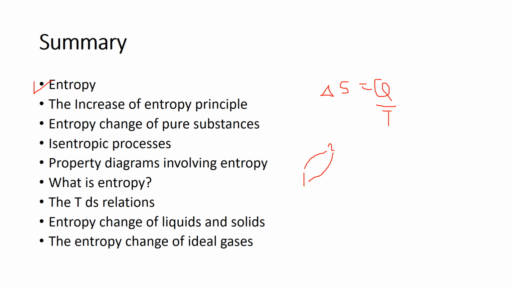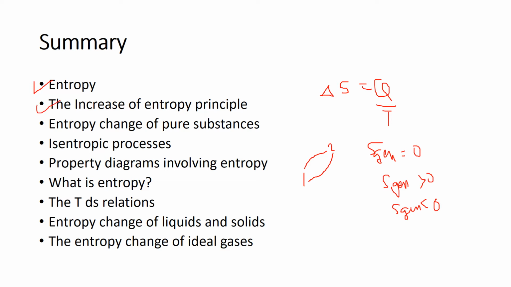S generation is equal to 0 if your process is reversible, and S generation is greater than 0 if your process is irreversible. And one more thing you learned: S generation less than 0 means the process is impossible. It will never happen.